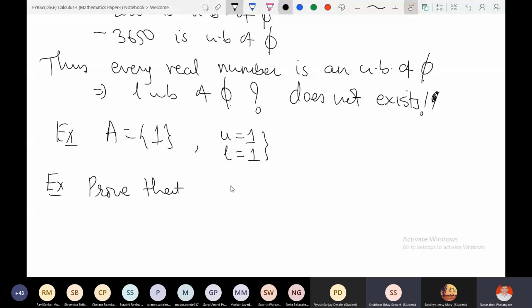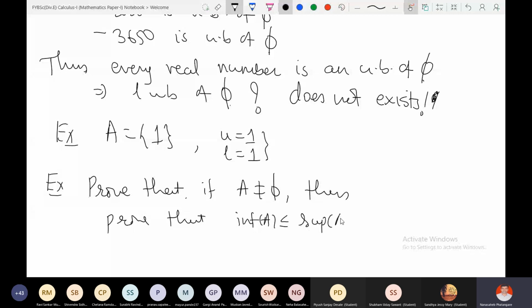Yes, sir. That's why we are avoiding the empty set, because for the empty set many rules fail. Which rule fails? If A is a non-empty set, then prove that the infimum of A is less than or equal to the supremum of A. Whatever theory, properties and rules we are going to discuss are for non-empty sets, because for the empty set things are very irregular.